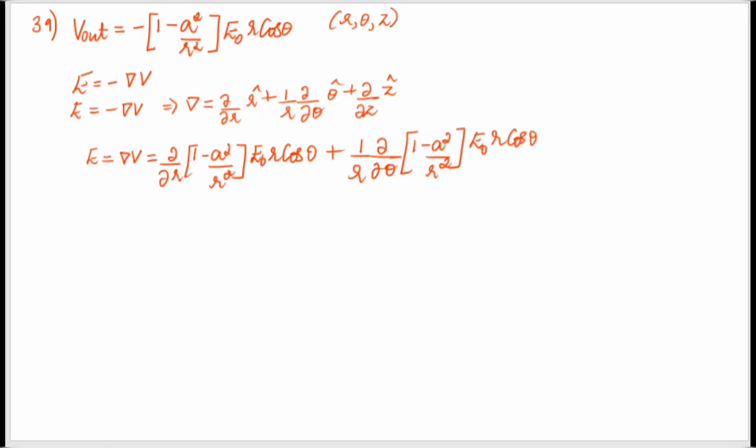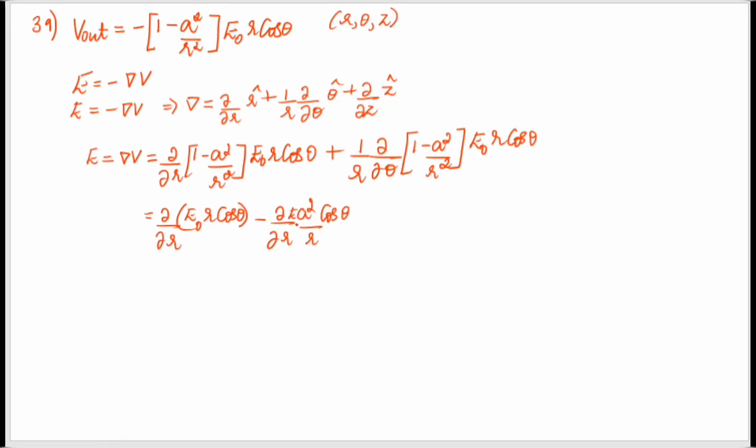Now take this E naught R cos theta inside the bracket and then differentiate. So dou divided by dou R of E naught R cos theta, minus dou divided by dou R of A square divided by R cos theta, where R gets cancelled and 1 R remains. E naught is also remaining.